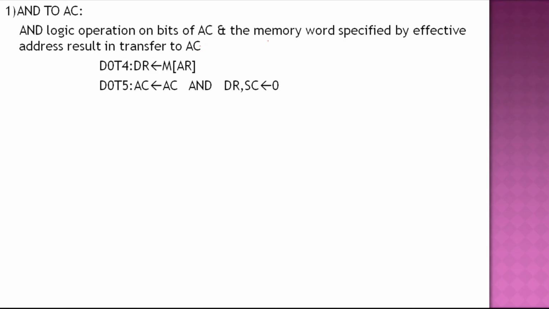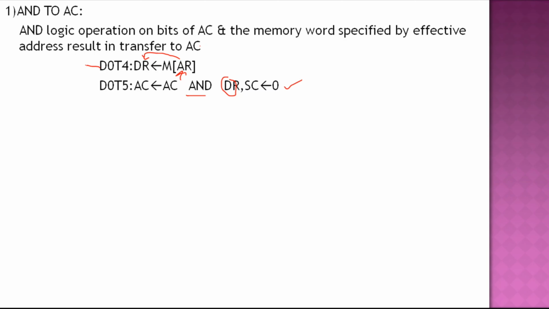Why are we using the data register? Because we cannot perform the AND operation directly on the address register. So the content of the address register has to be transferred to the data register. After transferring the data to the data register, we will perform the AND operation. After that we have to set the sequence counter to 0 for the next operation. I think you understood it.